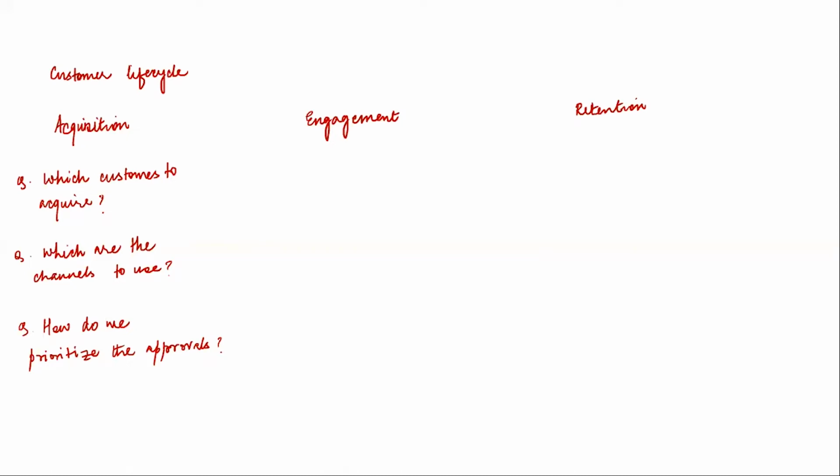The answer is given by those customers that are good or bad. Which customers are good versus which customers are bad. Which are the channels to use? So does it make sense to think that, okay, everybody can be acquired through the same channel? Of course not, right? Nobody likes to put all their eggs in one basket.